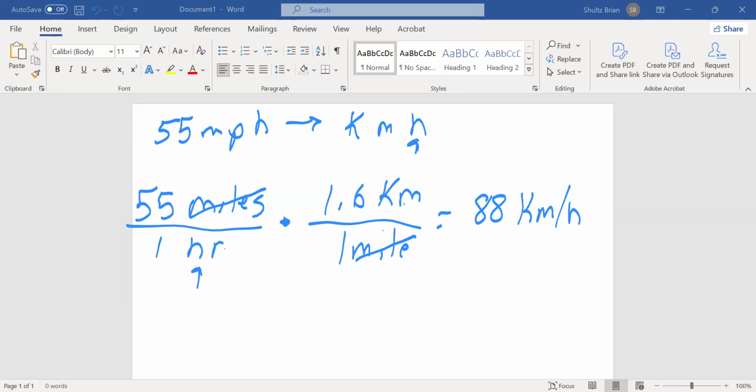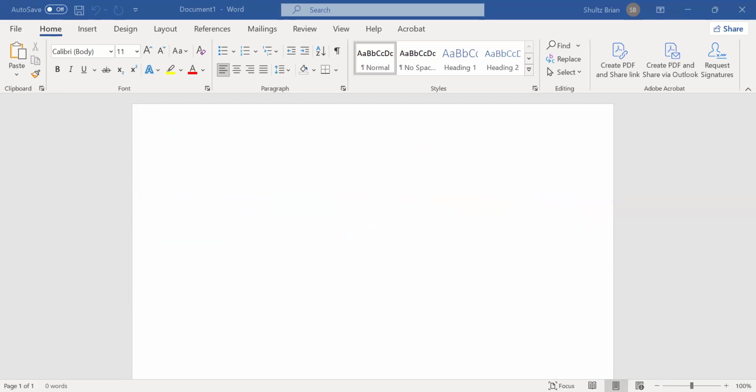Now let's change 8 inches to centimeters. Again, I've got 8 inches and I'm going to grab my little thing here. 1 inch is 2.54 centimeters. I want centimeters on top so that the inches will cancel.